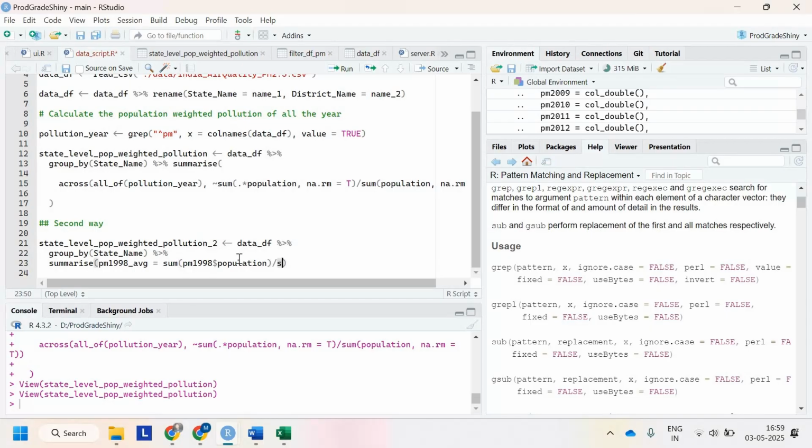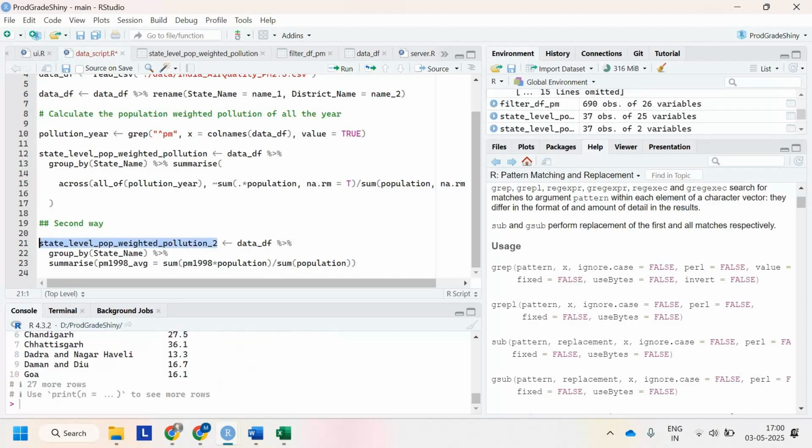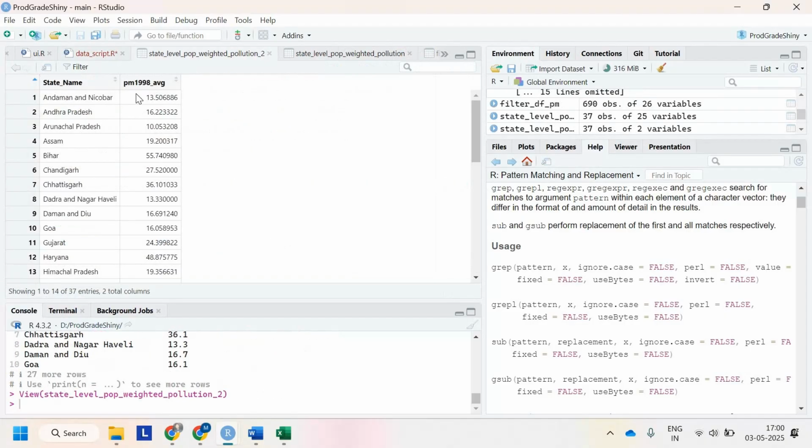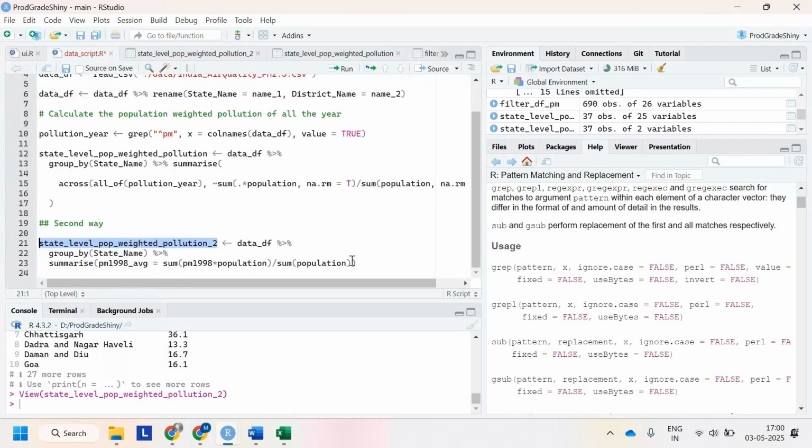And then divided by the sum of population. Sorry, instead of a dollar sign you have to write this star, that is basically multiply. So you can see we have got the PM 1998 with 13.5, and if you go to the previous data set, that's also 13.5. But you have to do it manually for each of the columns in a similar way.